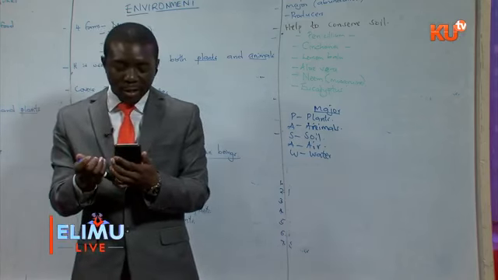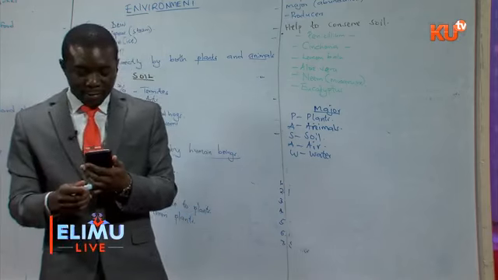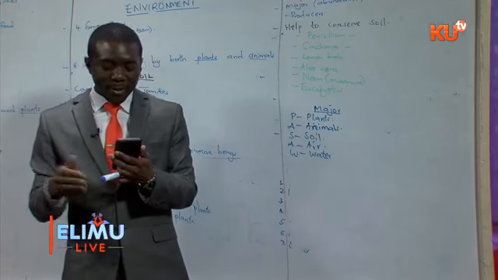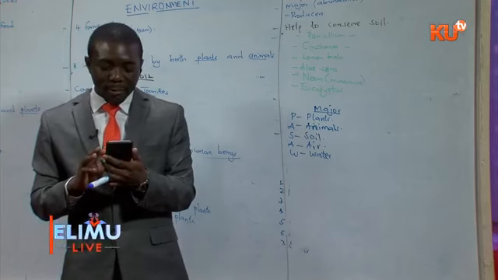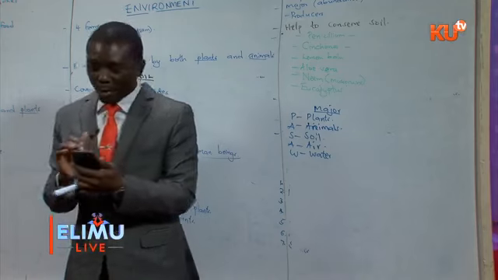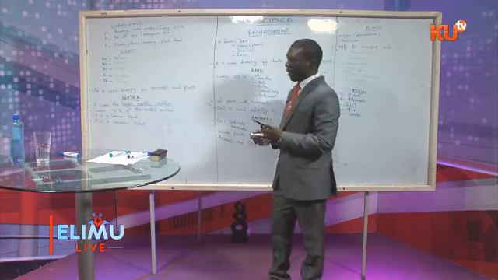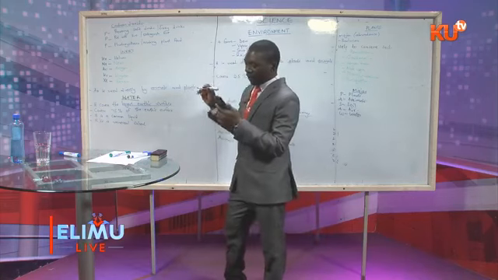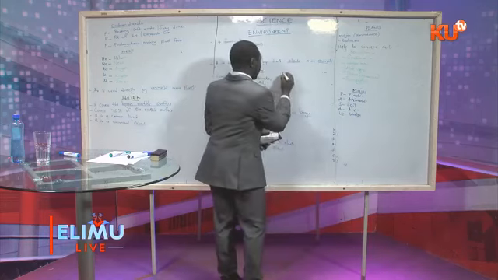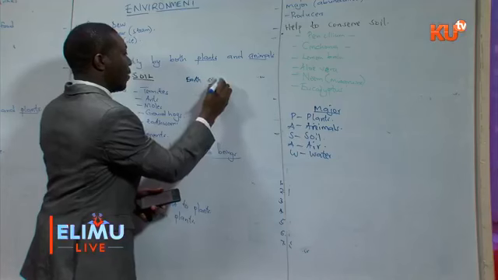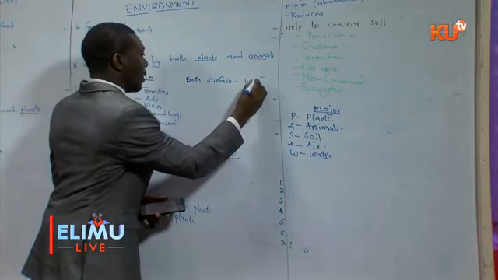Hi teacher, I'm enjoying the lesson. Thank you for the compliment. Between water and air, which component covers the most part of the earth? You have not specified the earth. If it is the earth's surface, the word surface must be there. The one that covers the largest part of the earth's surface is water.